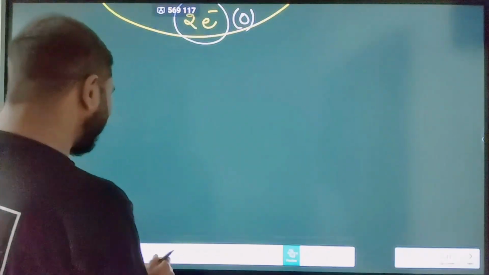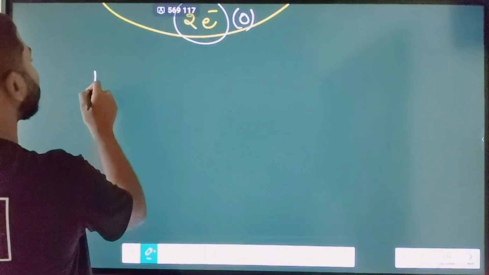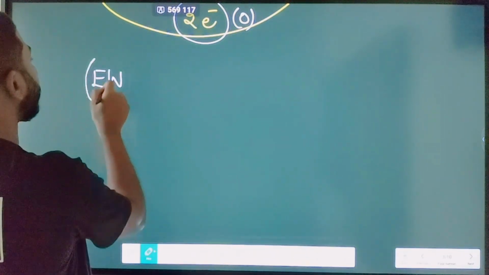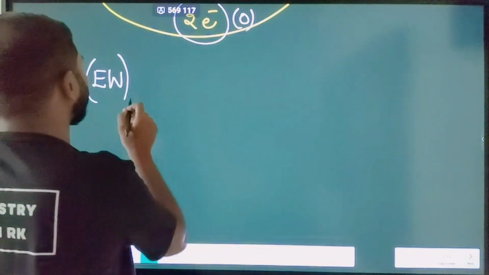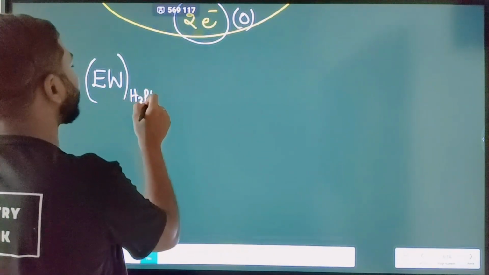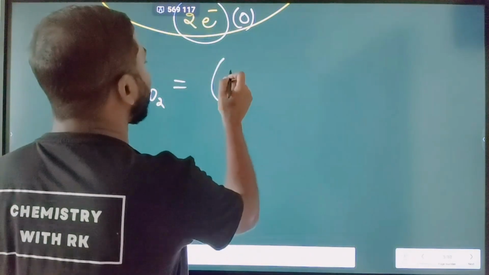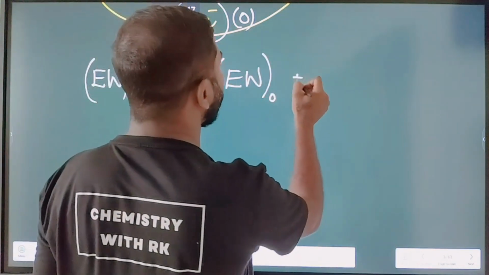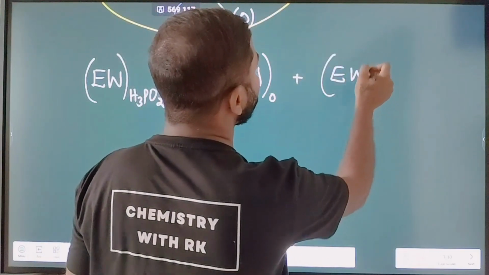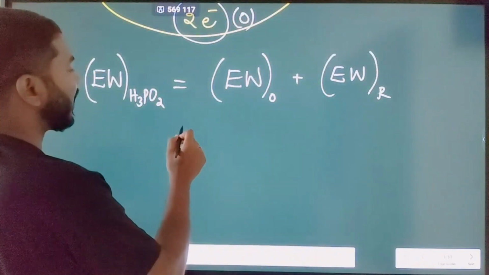Okay, so just by applying this particular concept here, that is equivalent weight, generally we calculate for the species which is undergoing the disproportionation, which is nothing but H3PO2, which can be written as the equivalent weight of oxidation reaction and then equivalent weight of reduction reaction.